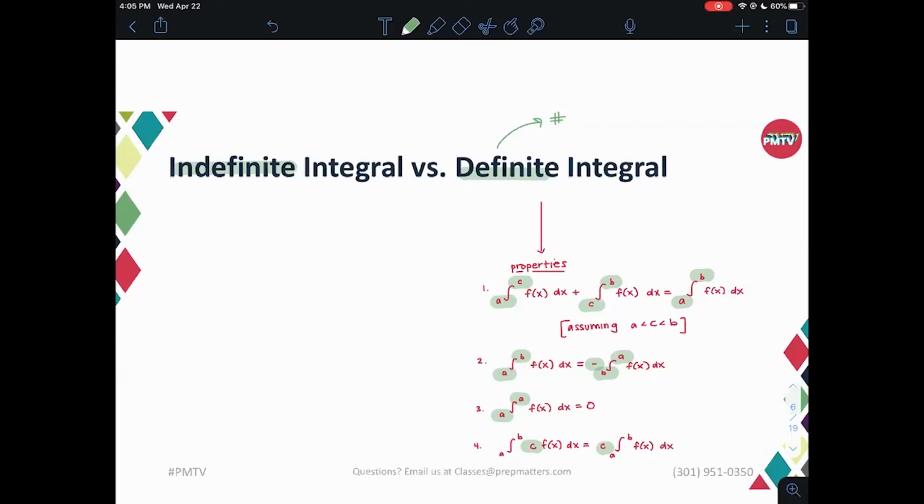An indefinite integral does not have bounds. An indefinite integral would lose the actual bounds around the integration sign, and it would just be the integral of f of x, the integral of 3x plus 7, the integral of whatever. There are no bounds.